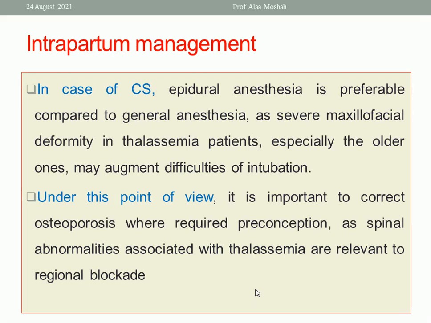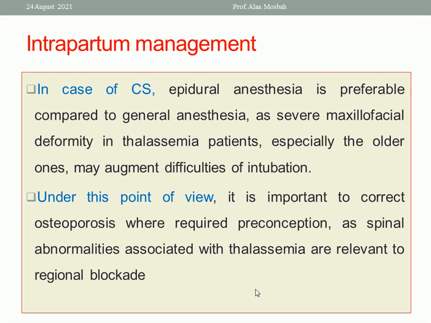Also, something important to know is to correct osteoporosis where required. Preconception is very important. Why? Because spinal abnormalities associated with thalassemia are relevant to regional blockade. So you may fail to do spinal anesthesia or epidural anesthesia because there is a spinal deformity because of osteoporosis.